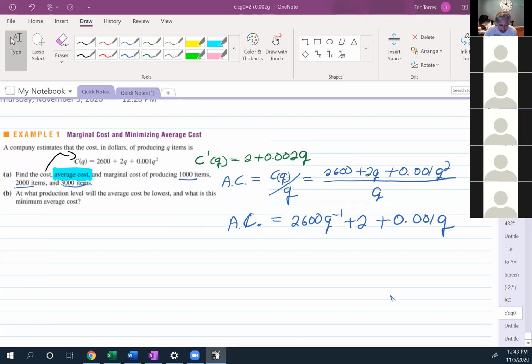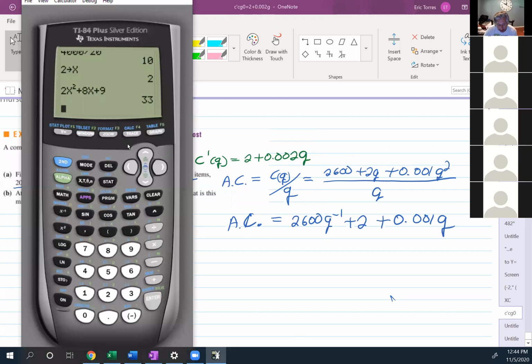Whether you're using Desmos or a calculator, if I'm using my calculator, I'm probably going to take my X value, 1,000, store it as X, enter, and then plug in my equation exactly as I'm seeing it, 2,600, I could either do X to the negative 1 or just divide by X, might be easier for plugging in, plus 2 plus 0.001 X.